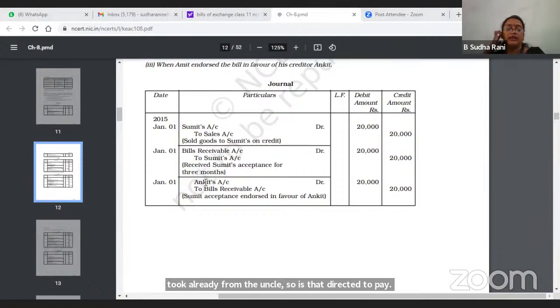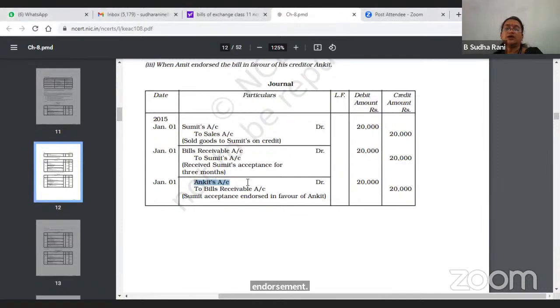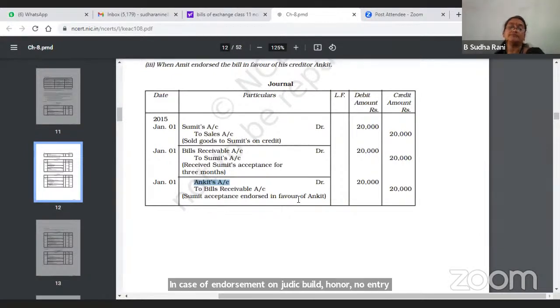In simple terms, in case of endorsement, if the bill is honored and payment has been made, the bill amount will be taken by the endorsee, but not the drawer. So in case of endorsement, on due date, bill honored, no entry you must write. Done? Now understood? Can I move on to the next? Yes.